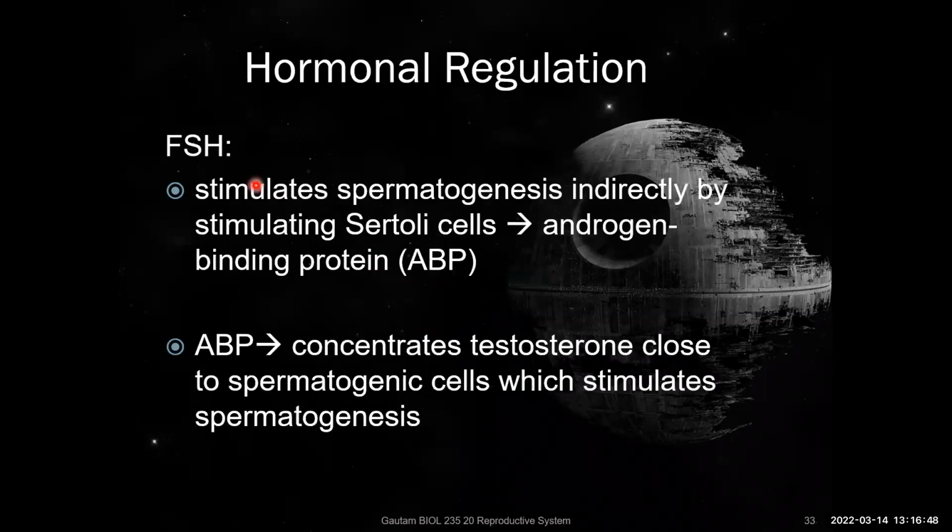Okay, so FSH, follicular stimulating hormone, it stimulates spermatogenesis, but does so indirectly because it's going to stimulate the Sertoli cell to produce our androgen binding protein. Again, our androgen binding protein concentrates the testosterone close to the spermatogenic cells, meaning the cells that are going through spermatogenesis, which of course is going to stimulate the spermatogenesis.